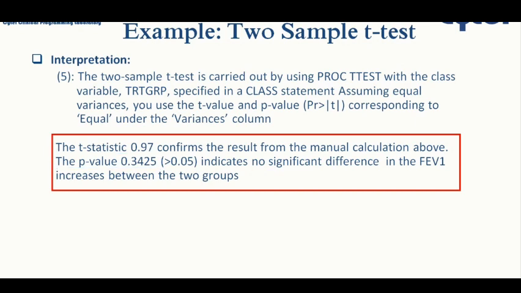So what does that indicate? Since it is bigger than 0.05, it indicates that there is no significant difference in the FEV1 increases between the two groups. So, this ABC123 is not doing anything different, I would say, because we are talking about the two-tailed test. Anything different from that of the placebo.